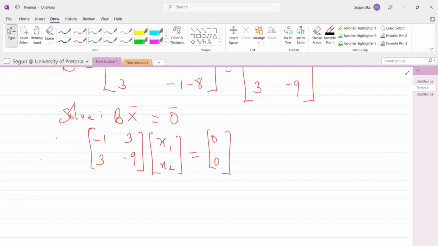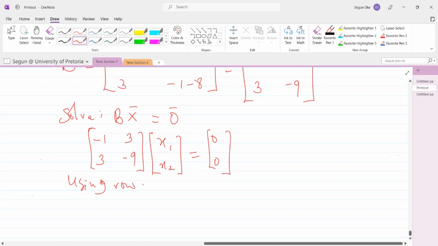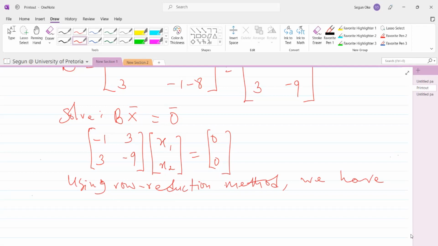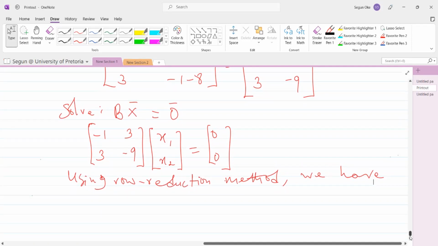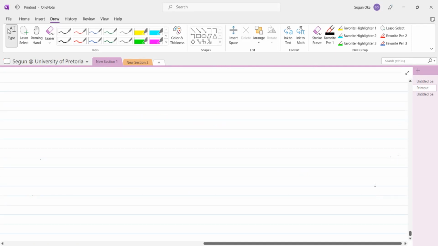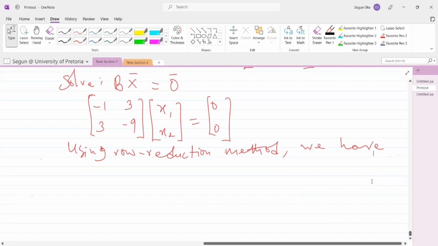At this point, we are going to use the row reduction method.